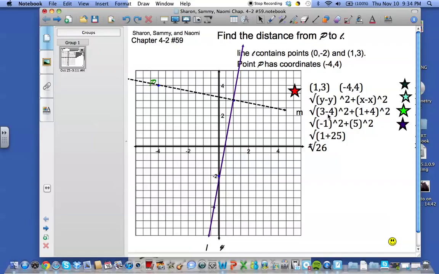We'll have 3 minus 4 squared plus 1 plus 4 squared, getting us -1 squared plus 5 squared. And we end up with our answer, which is the square root of 26. So that is our answer.